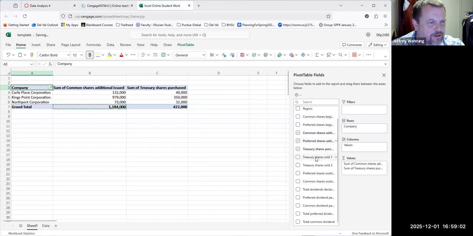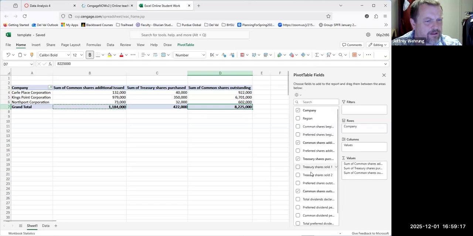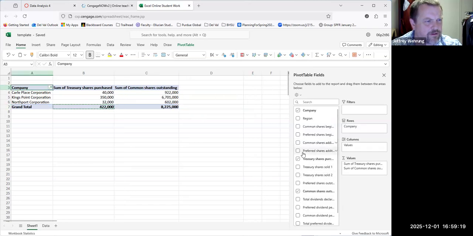It's not going to be the preferred shares, so I can get those off. I wonder if this is it. Common share. No, shares outstanding. That's okay. So it's not going to be the additional. It's purchased.